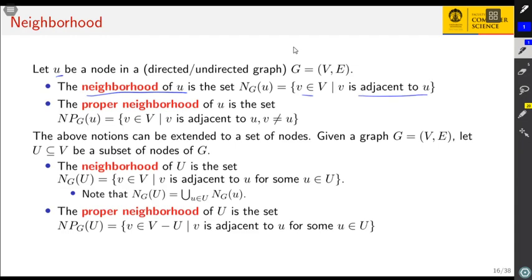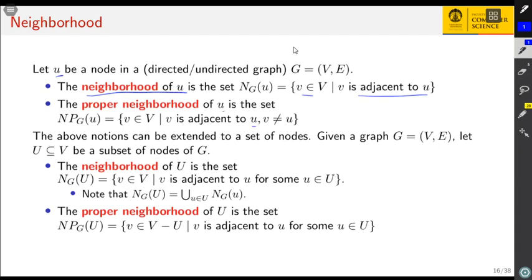Now, a proper neighborhood of U is simply the neighborhood of U, but you take out U if U is there. So the proper neighborhood is really the other nodes that are neighbors to U.